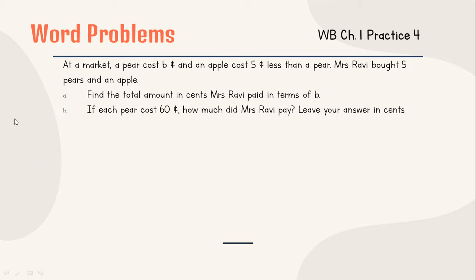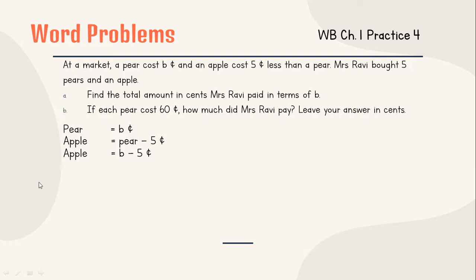Okay. So at first, we're going to find out what we know and what we don't know. Pear equals B cents. A pear costs B cents. An apple is pear minus 5, right? Apple costs 5 cents less than a pear. If pear is B, it means B minus 5 for the apple. And then the total. How many did Mrs. Ravi buy? 5 pears and an apple.